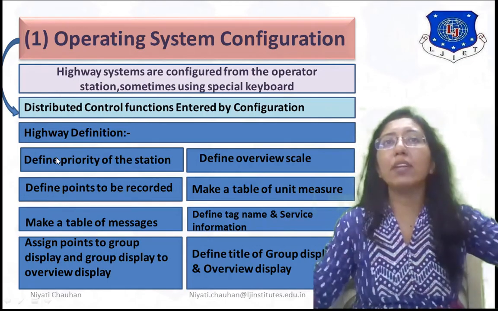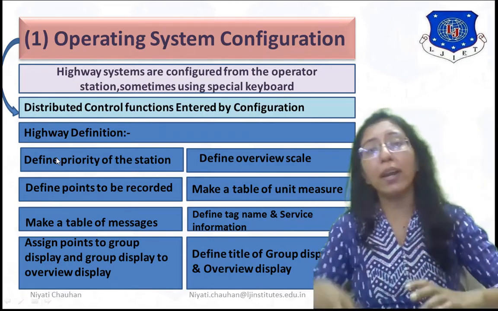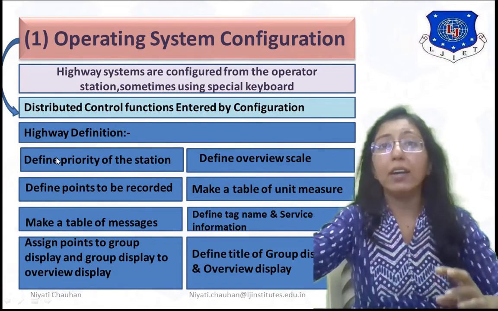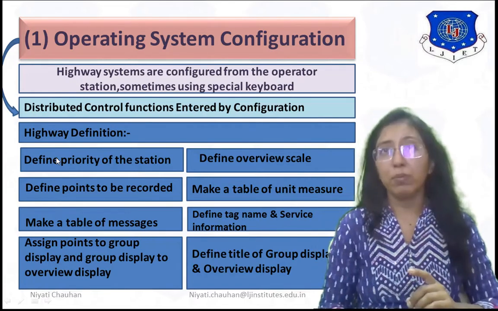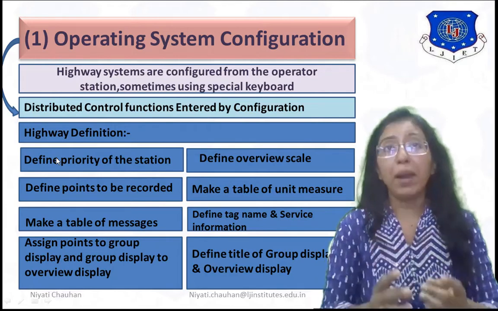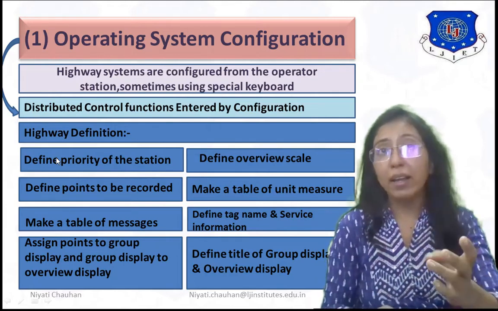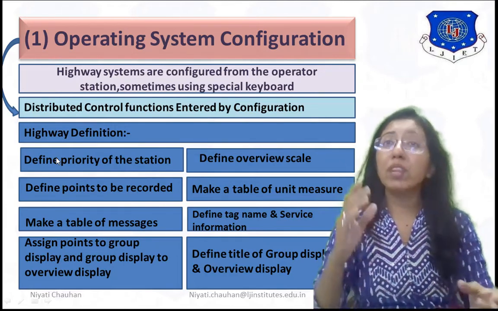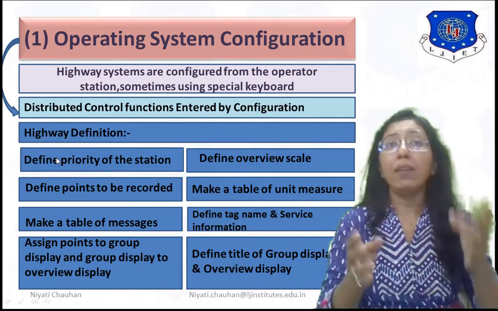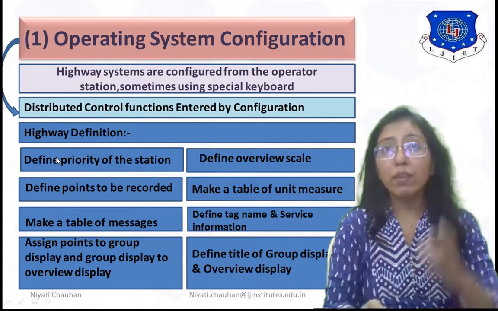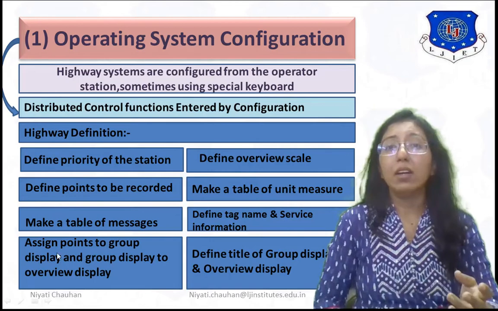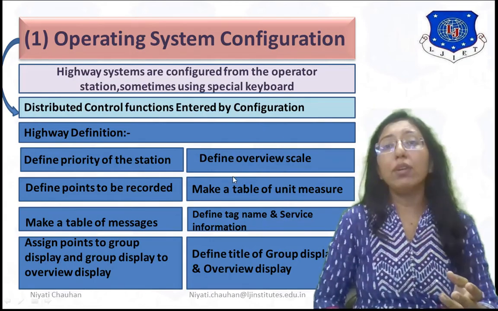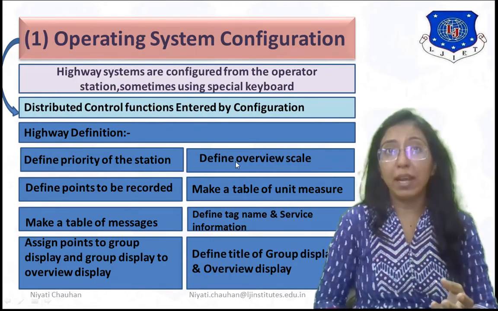Highway is connected with the operator station and also connected with the controller file. Number 2, the supplier should define the priority of the station and also define the overview scale.